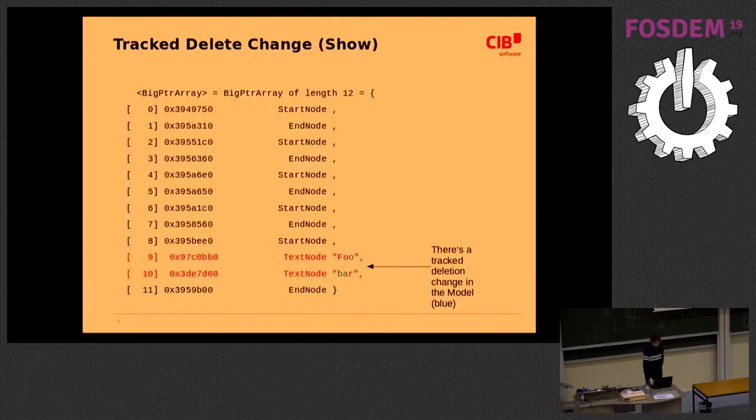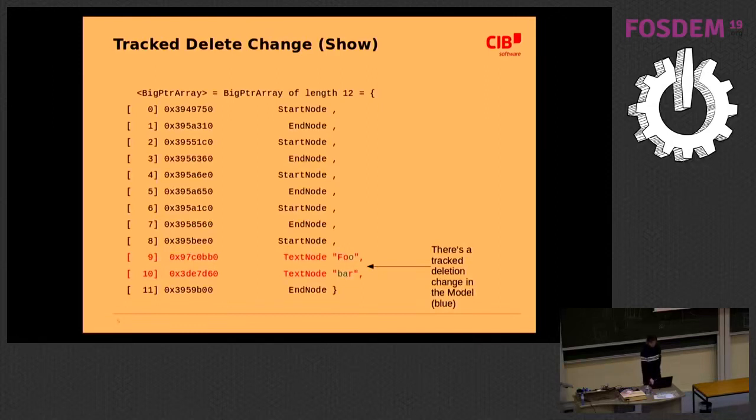Now, this is what your document looks like if you have a track change. So basically it's a very simple document. You have two paragraphs at the bottom. Those are the red marked text nodes, and the three letters that are marked in blue, those are supposedly a tracked deletion. So we have deleted these three letters, and if you set the menu item to show the track changes, then your document model will look like this.